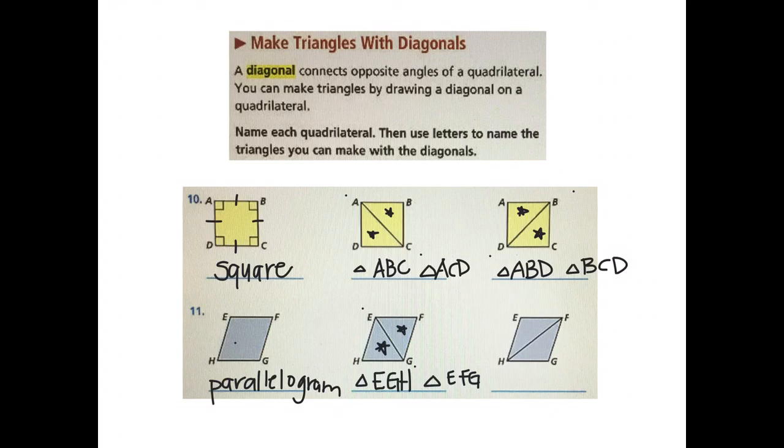Now, they could have split it the other way, like they show here, with the angle F and H, so a new diagonal, creating new triangles. So the first one would be triangle EFH, and then the other congruent triangle would be triangle FGH. So you can see how putting in a diagonal shows where those triangles would be that make up the quadrilateral.